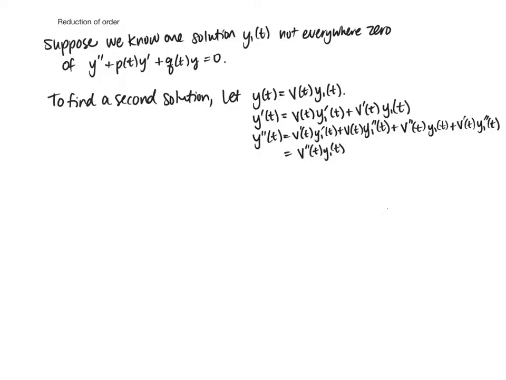Oh yeah, this should be just a y1 prime of t. No wonder I was confused. I thought I had 2 v prime, y primes. Yeah, so 2 v prime of t, y1 prime of t. And then what about the v's? I have 1 v of t, y1 double prime of t. Okay, that's right. So that's what y double prime is when I simplify it down.